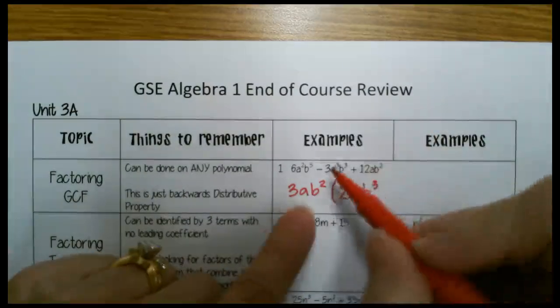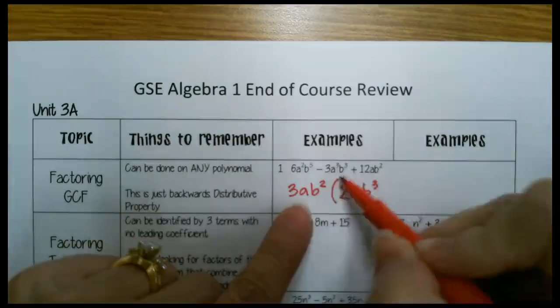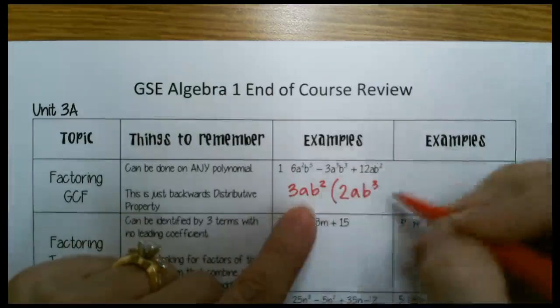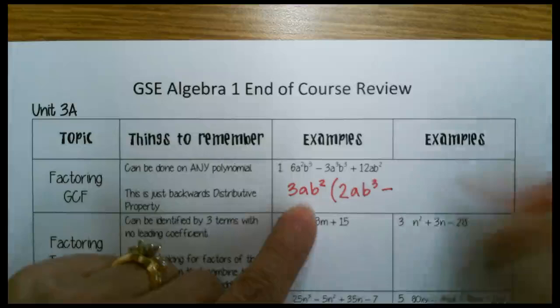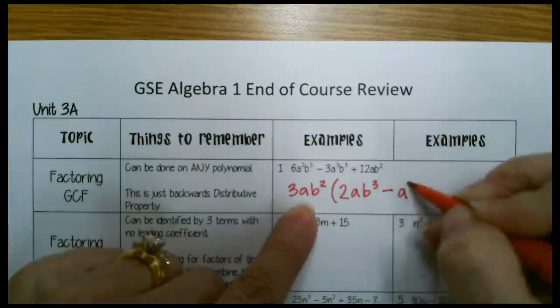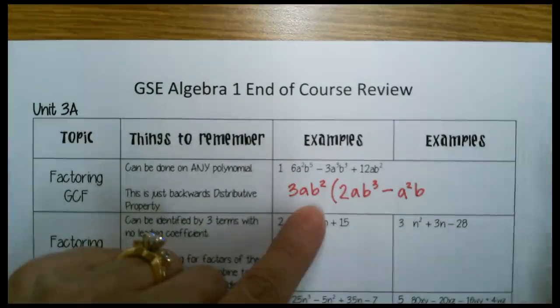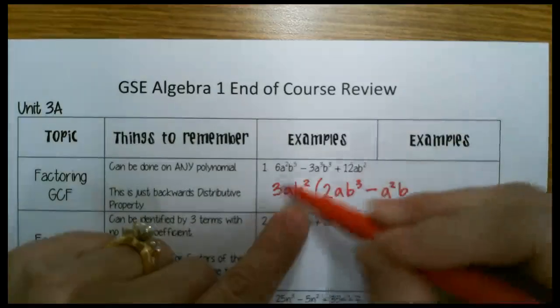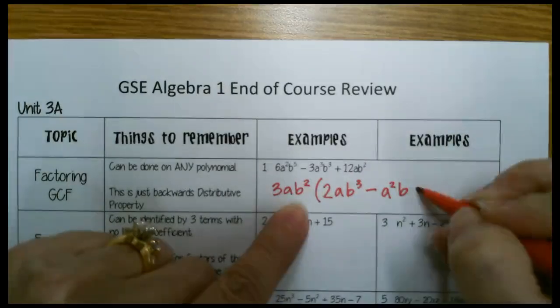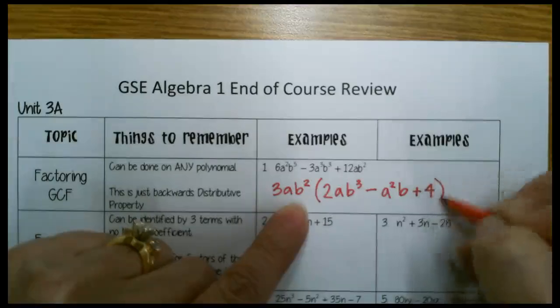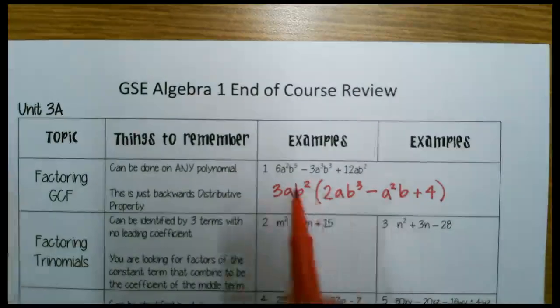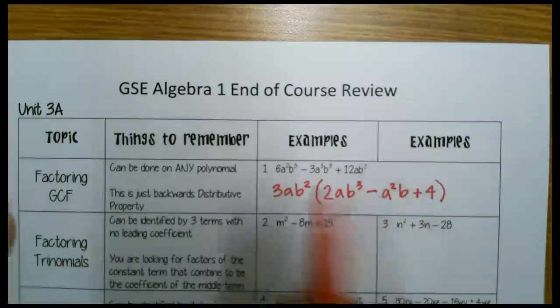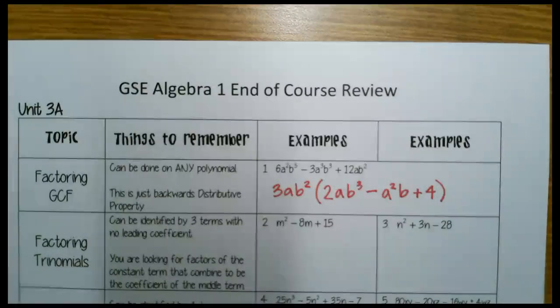In order to get -3a cubed b cubed, I would need to multiply this by a -1a squared b. And in order to get 12ab squared, I would need to multiply this by a +4. Once I distribute that back out, I would get what I started with.